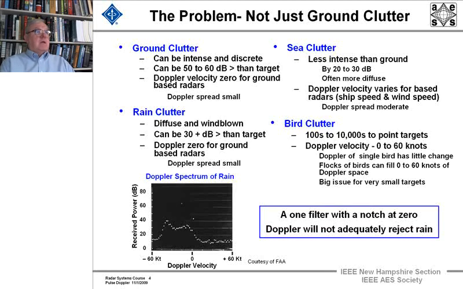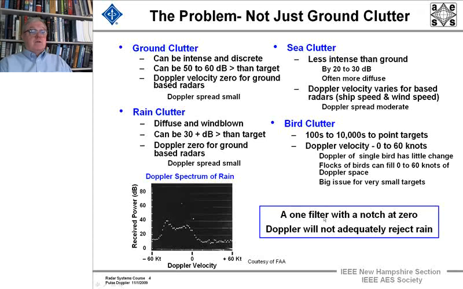And rain clutter is that nemesis, and sea clutter also to a significant extent, are places where they're a real nemesis for pure MTI systems. And then we also have birds, which are real targets. And we're going to talk about those in relation to pulse Doppler processing.